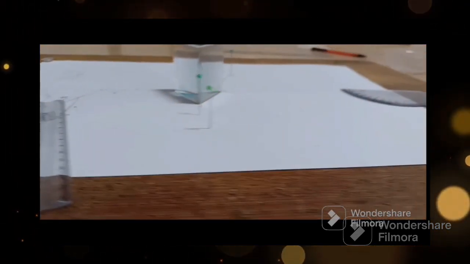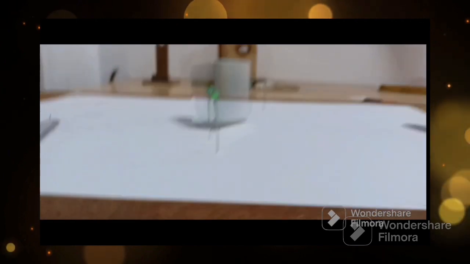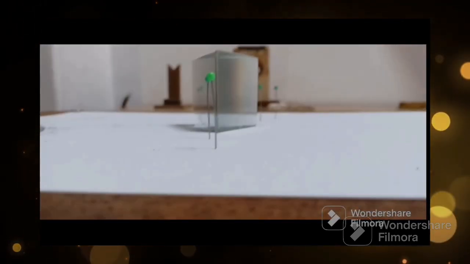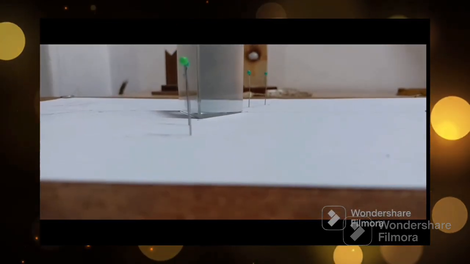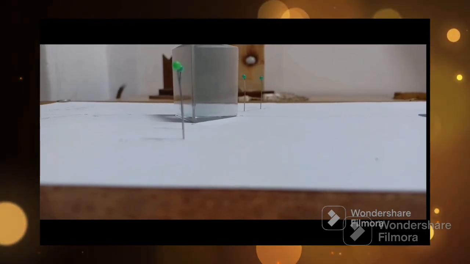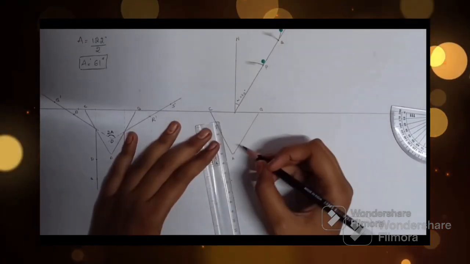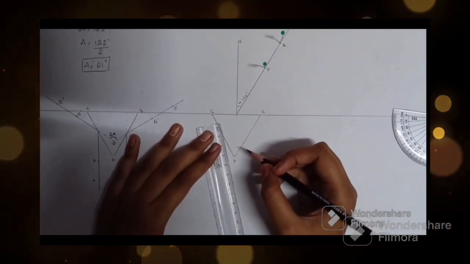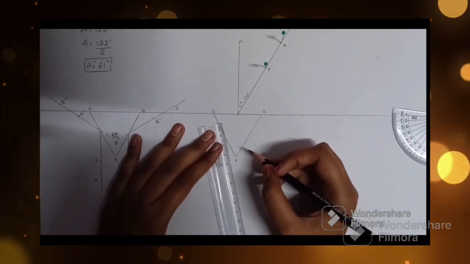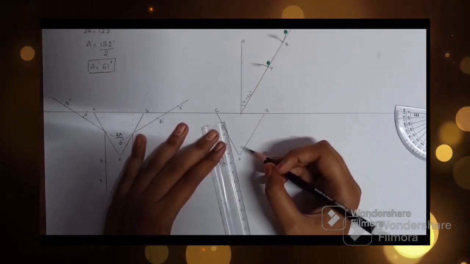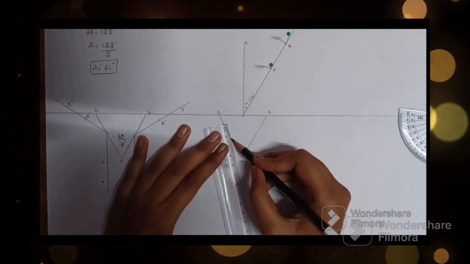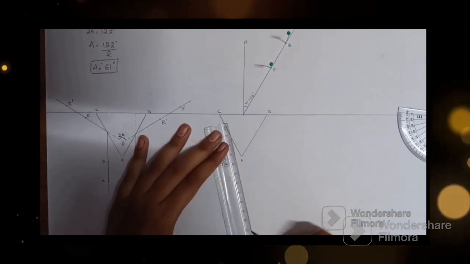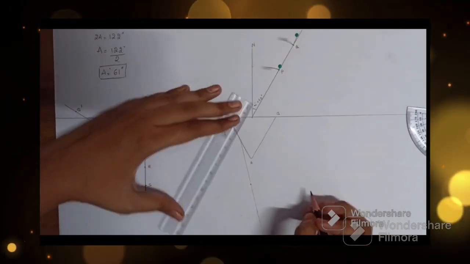So this is the point where the pins are in a straight line. So this will be our refracted ray. So we will mark the pins. So this is our refracted ray. No pins are here and there, they are coinciding with each other. So we will join the points.